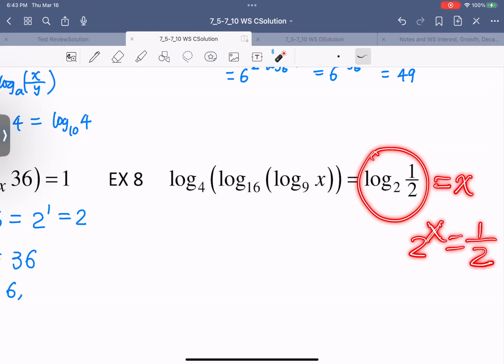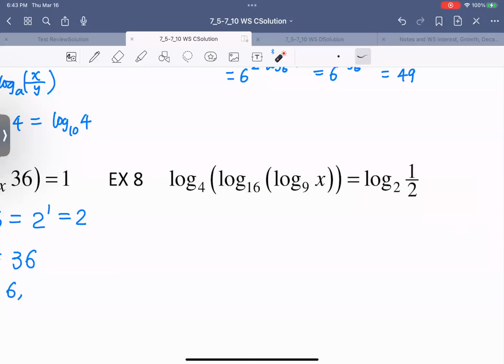X is, hold on. You get lost. Abby, how much is this? Is it -1? Yes, that's right. This is -1. It's because 2 to the power -1 is 1 over 2 to the power 1, which is 1 over 2, right?